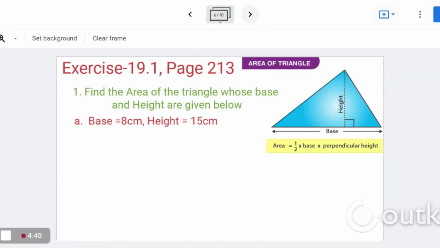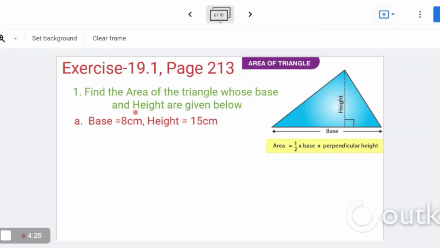This is your page number 213 from your exercise 19.1, the question of your book. Find the area of a triangle whose base and height are given below. That means imagine this is a triangle and its base is given and its height is also given.